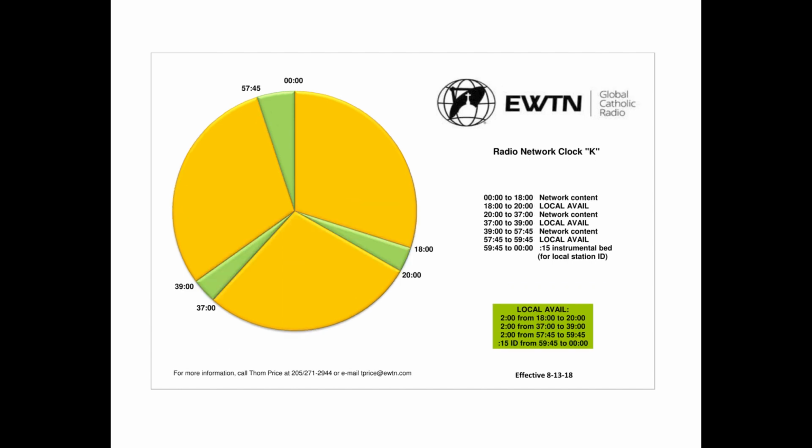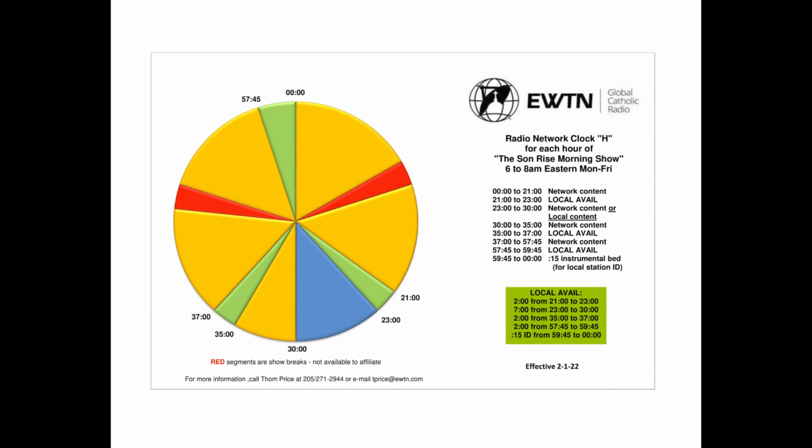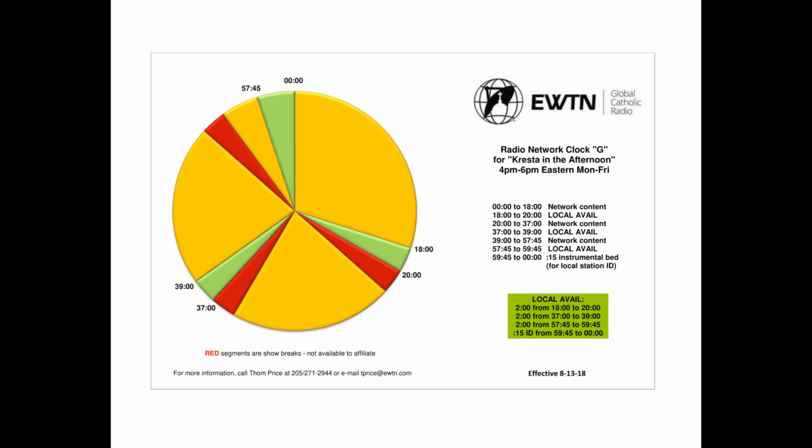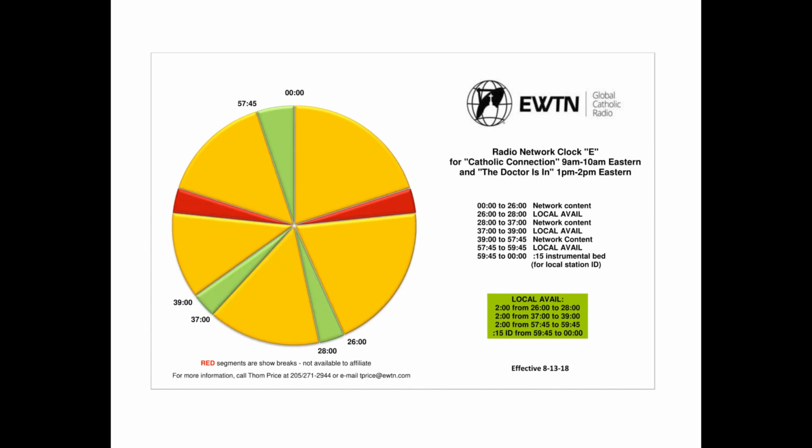And you can see where the breaks are, where little green things are, that's where the breaks are. And the way we set these logs up, happens to be a clock that has some extra hours in it where there's some blue areas there if you want to do that. That also happens on the H clock in the Sunrise Morning Show as well. But these are all the different breaks. These are how all the different clocks are set up, and they follow that grid. And we follow the grid, of course, exactly the way they do it.